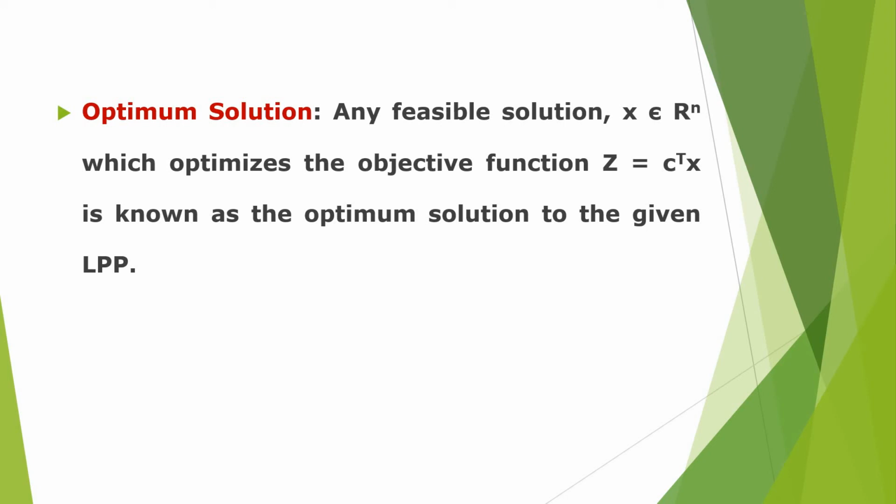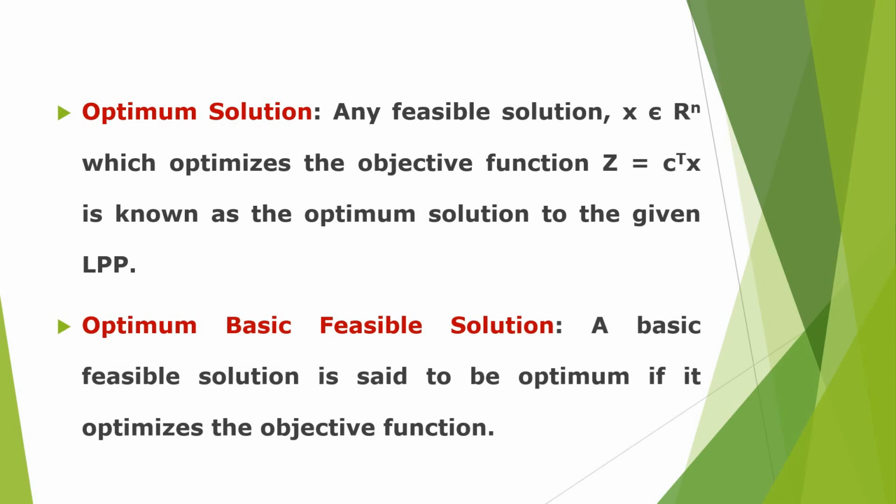Then from that particular set of solutions, find the one which optimizes the objective function, and that will be declared as the optimum solution to the given LPP. So we have an optimum basic feasible solution if it is optimizing the objective function.